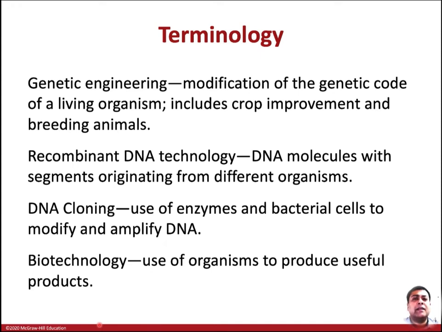Just as an example, think about an insulin gene. This is an insulin gene of our interest. Now we put that insulin gene into a vector which can produce this insulin product in a bacterium. This will be a recombinant DNA technology.